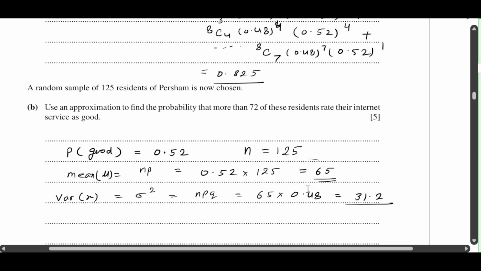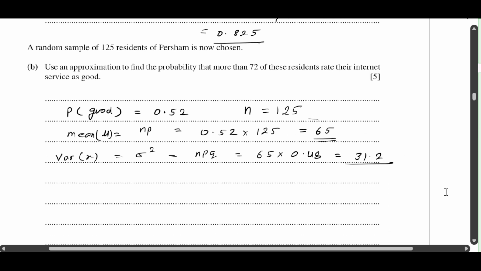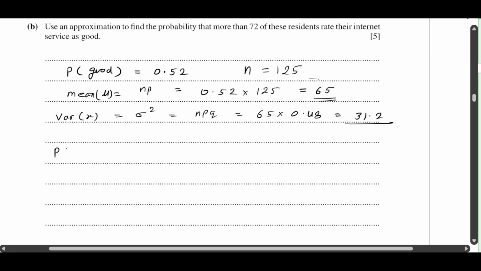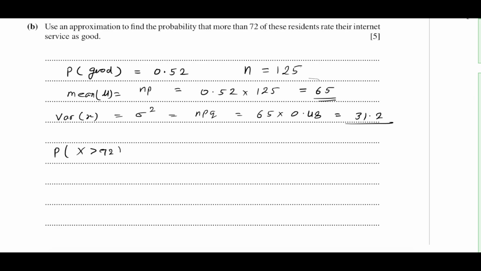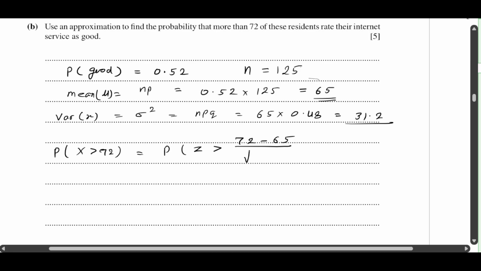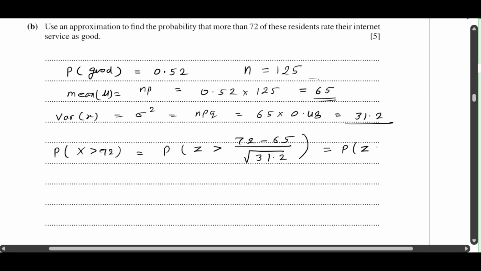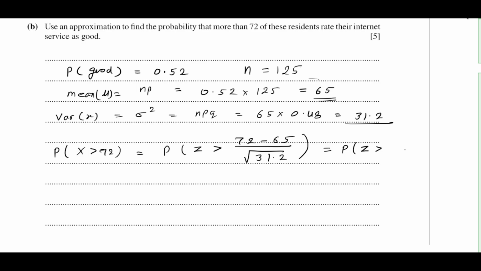Now the probability of X greater than 72, that is the probability that more than 72 of these residents rate their internet service as good, will be the probability of Z greater than 72 minus the mean, which is 65, divided by the standard deviation, which is the square root of 31.2.